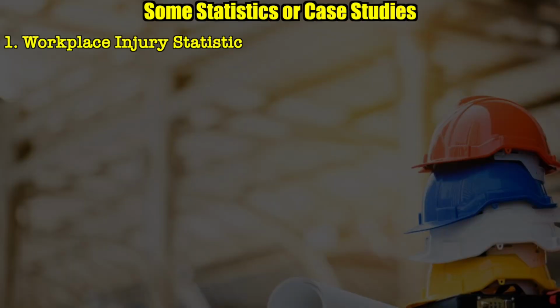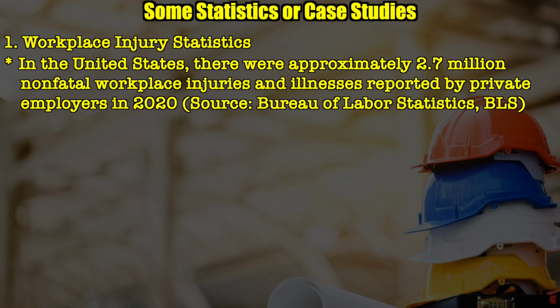Let us discuss some statistics or case studies. First one is workplace injury statistics. In the United States, there were approximately 2.7 million non-fatal workplace injuries and illnesses reported by private employers in 2020, according to the Bureau of Labor Statistics (BLS).